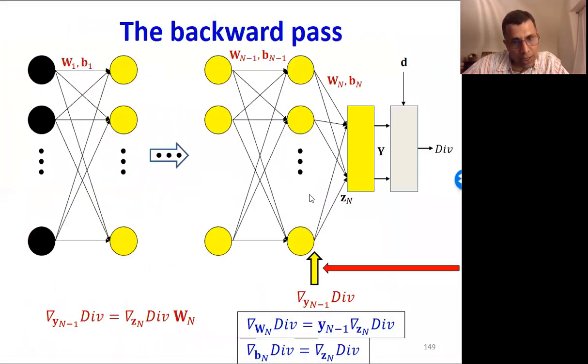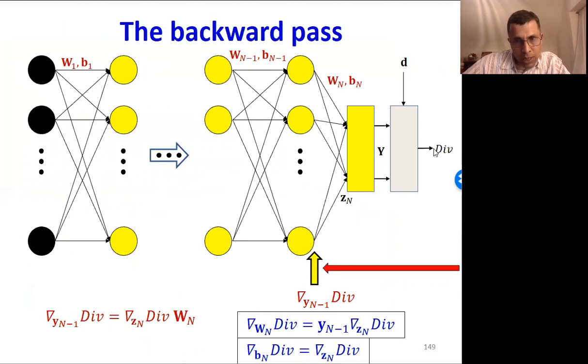So I can just use that relationship out here and say the derivative of the divergence with respect to this weight matrix is going to be the y over here, y_{n-1}, times the derivative of the divergence with respect to z_n. Both of these terms are available, so now I can compute the derivative for these weights.